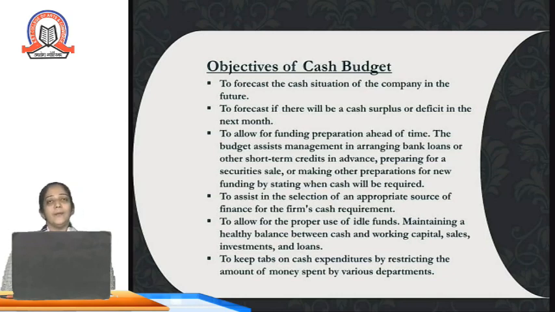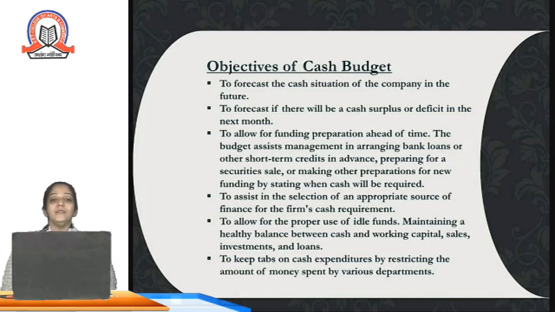Say for example, if there is a deficit in the next month, the company is required to have an arrangement with the banks for bank overdrafts, or it may choose other options to meet the cash requirement. To allow for funding preparation ahead of time, the budget assists management in arranging bank loans or trade credits or any short-term advances which are required.